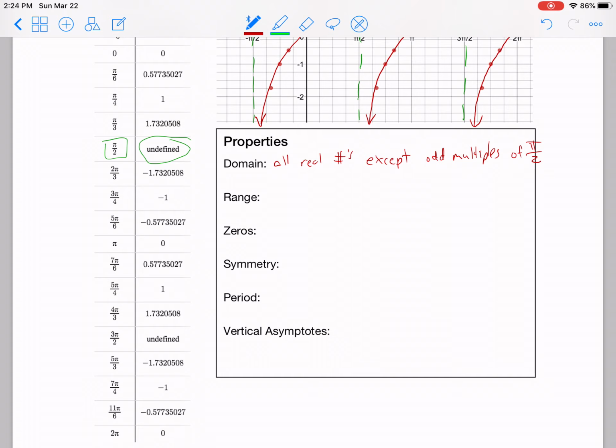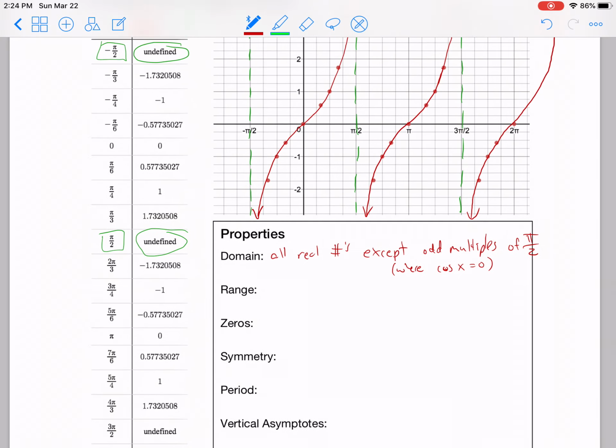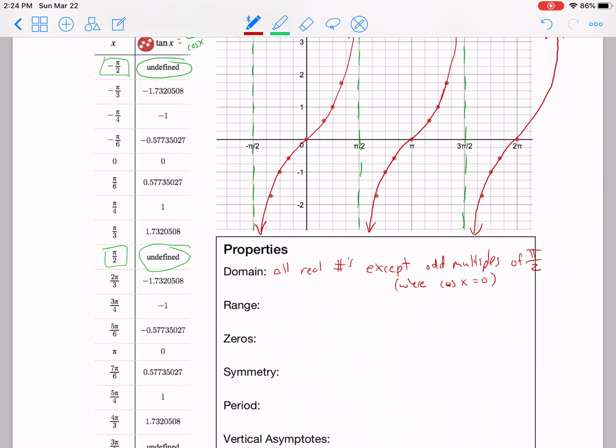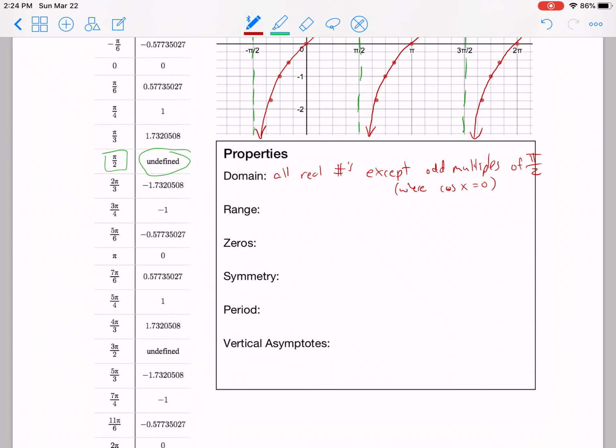That's everywhere cosine of x equals 0. Whenever that happens, we're not going to be able to use that value, and that's also right where our asymptotes were occurring, the odd multiples of pi over 2. So negative pi over 2, pi over 2, 3 pi over 2, 5 pi over 2, and so on and so forth. The range for this is going to be everything, negative infinity to positive infinity.